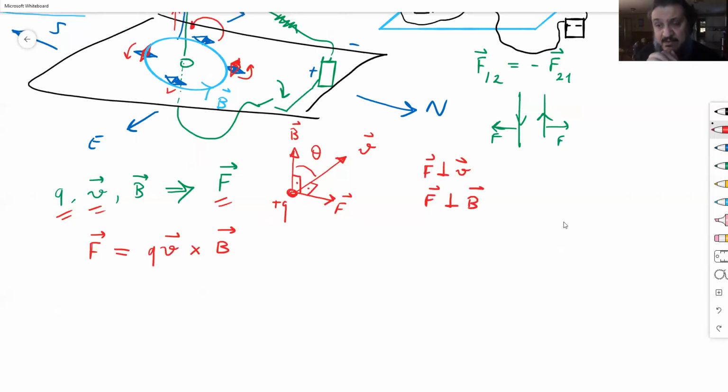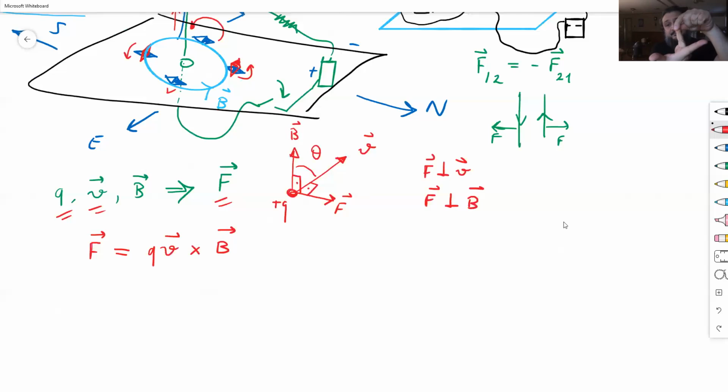Okay? Now, if the charge is positive, the direction of the cross product is the direction of the force. But if the charge is negative, once you determine the direction of the cross product, meaning V cross B, V thumb, index B, so this is V cross B. If Q is negative, F will be in the other direction.